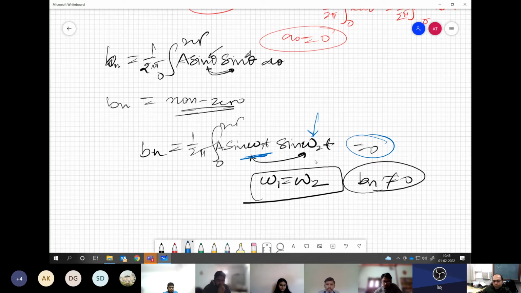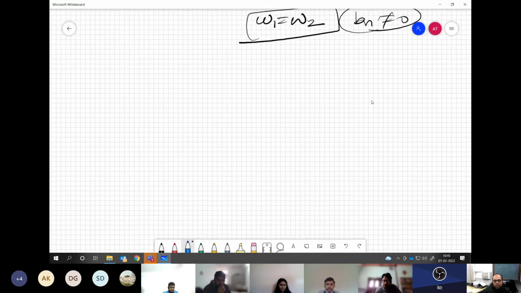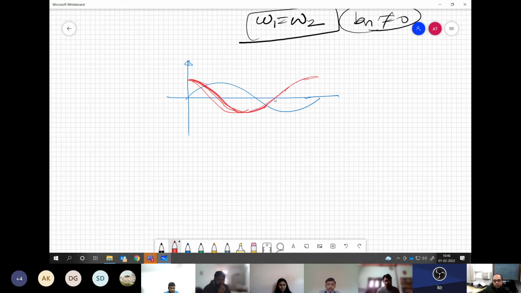Also, let us say there is a waveform of the nature sine omega t, and you are trying to multiply it with cos omega t. Again you will have a double frequency waveform coming over there. There is sine theta and you are multiplying cos theta.